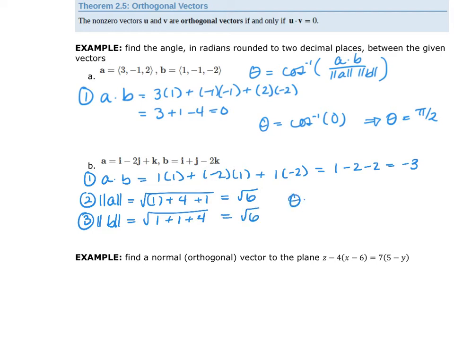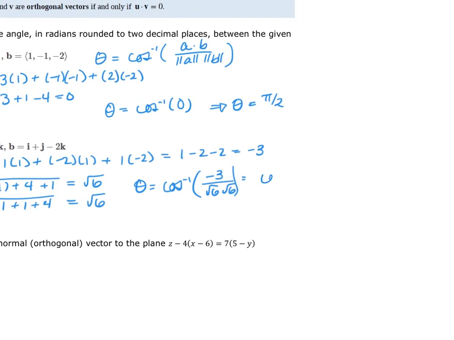So then my theta is equal to the cosine inverse of negative 3 divided by, I have the square root of 6 multiplied by the square root of 6. So in other words, theta is equal to the cosine inverse of negative 3 divided by 6, which gives me the cosine inverse of negative 1/2.